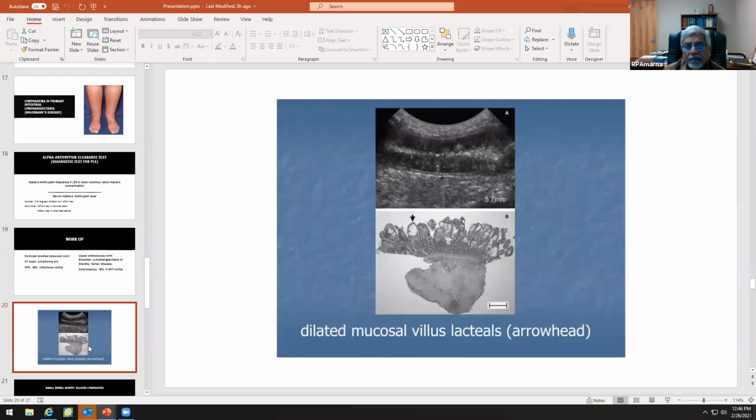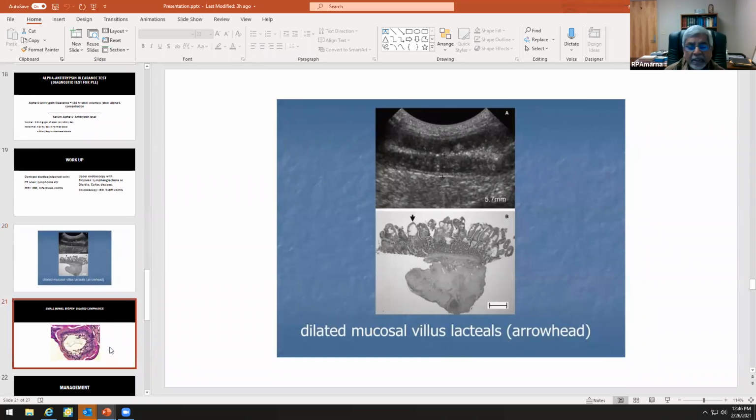So how does lymphangiectasia look under a microscope? In this low field view, you can see that the villi are properly present, but there is significant enlargement of the lymphatics here, here, and here. Multiple areas you can see that lymphatic enlargement.